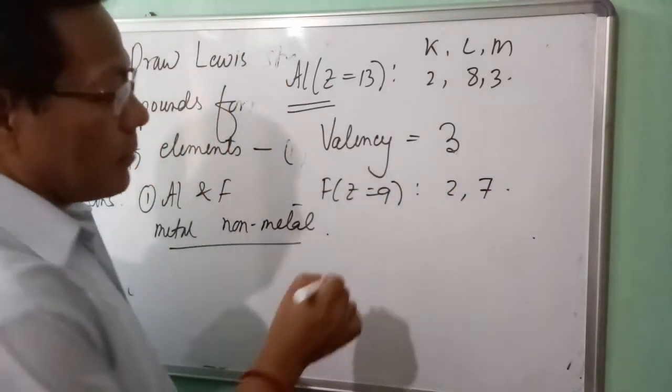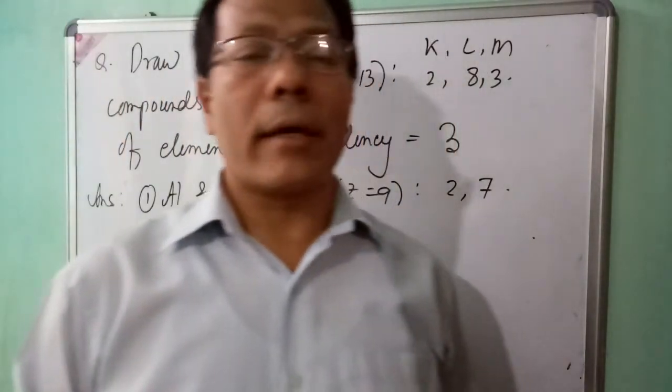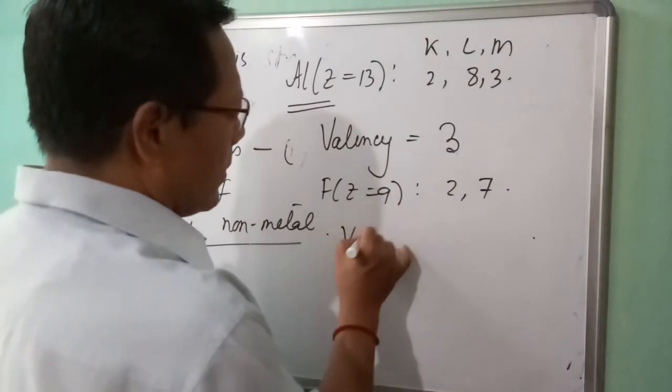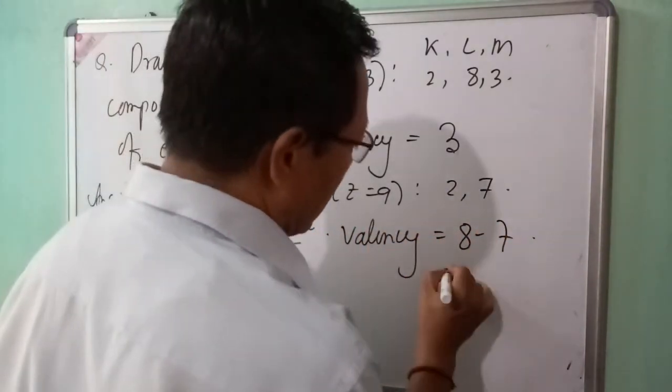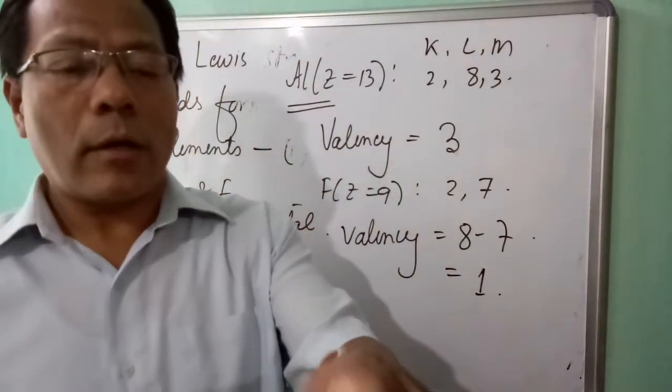In the case of a non-metal, the valence is given by 8 minus the number of valence electrons, so the valency of fluorine is 8 minus 7, which is 1.